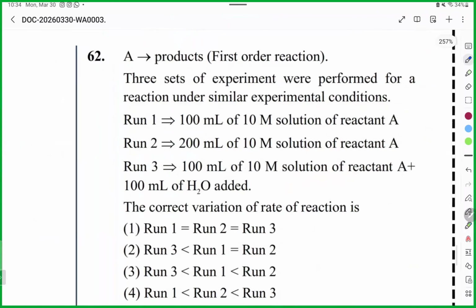Look at this reaction. Don't hesitate. If you even 1% feel that, sir, I'm not sure, you can simply ask. First order reaction, 3 sets of experiments performed. This reactant A, this reactant A, this reactant A plus this. Correct variation of rate of reaction.